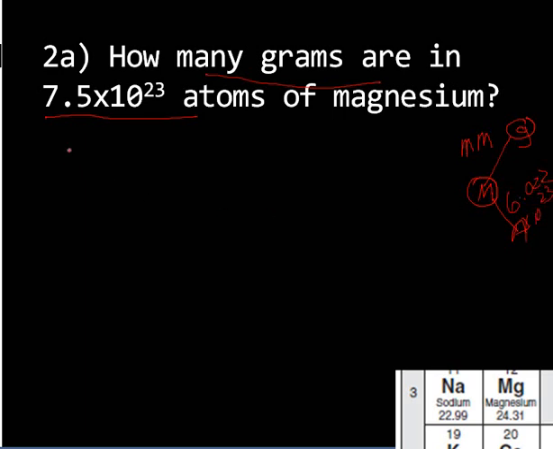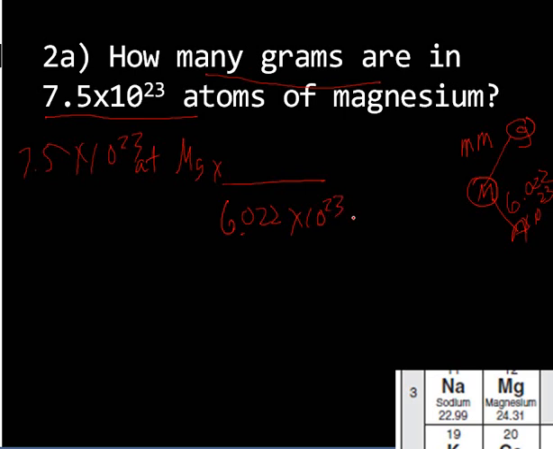Okay, so let's string it together. I start with my given 7.5 times 10 to the 23rd atoms of magnesium. And what I know is 6.022 times 10 to the 23rd atoms are in 1 mole of magnesium, right?